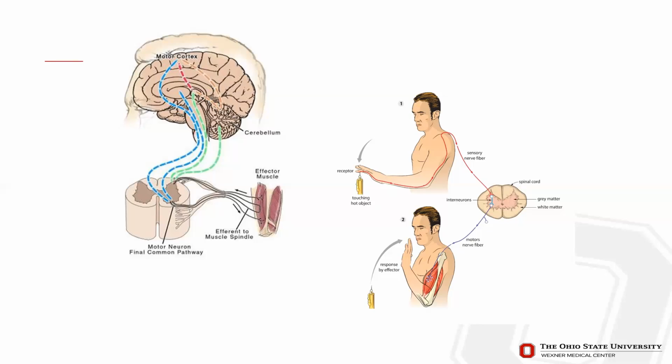So for example, on this schematic over here, if you put your hand near a hot object, you're going to pull it back, you're going to jerk it back. That gives sensory input in through your spinal cord, if you can see my mouse and follow it. This is the spinal cord. Then it connects to a motor neuron, and that gives a signal to the biceps muscle: pull away, because you don't want to burn yourself.